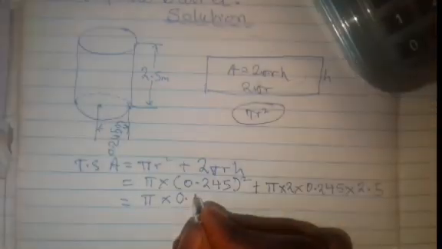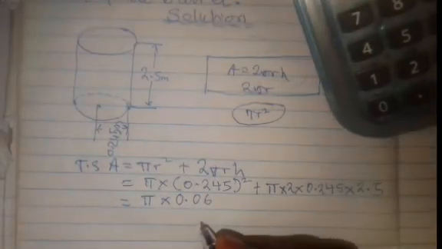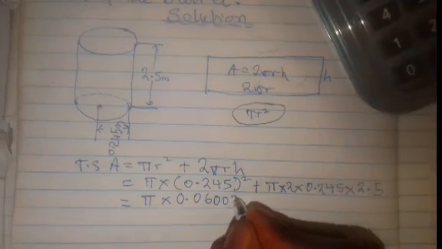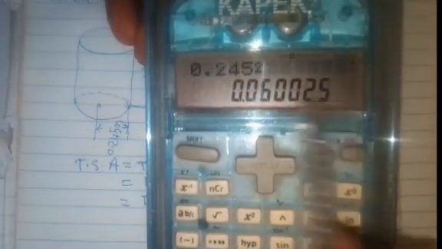So we'll write that down here, 0.060025. That's the value we got from the calculator just now.